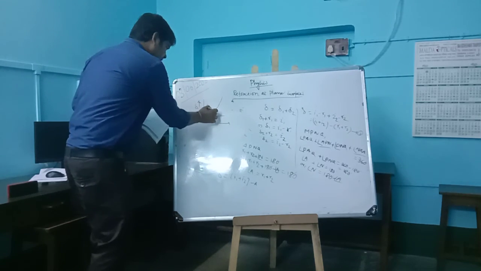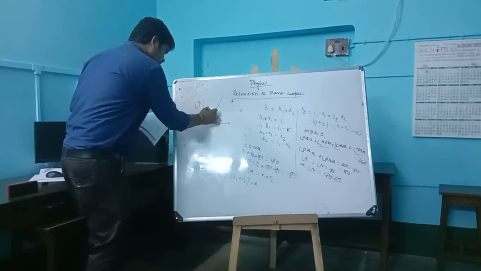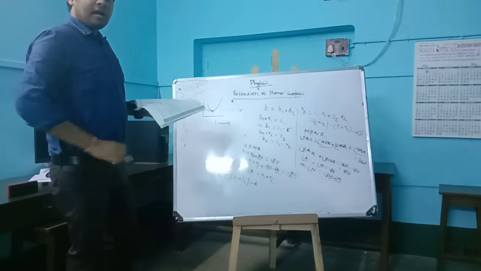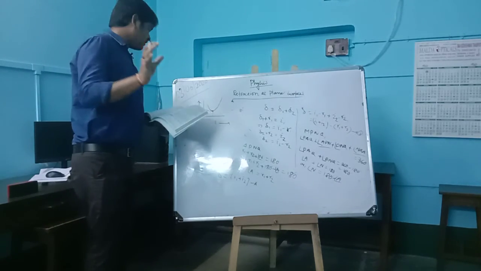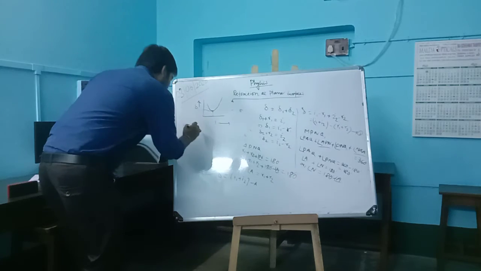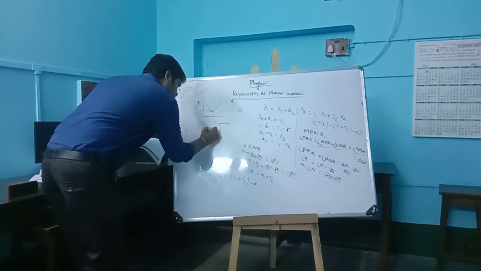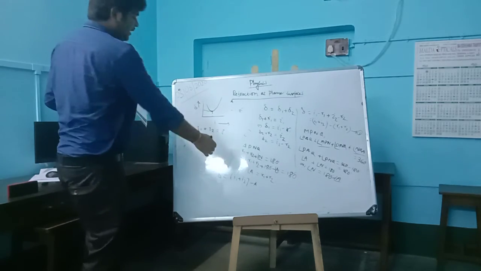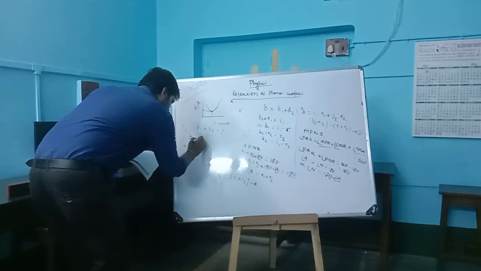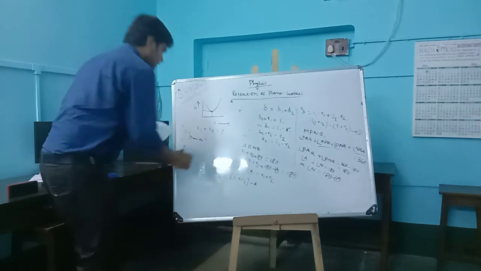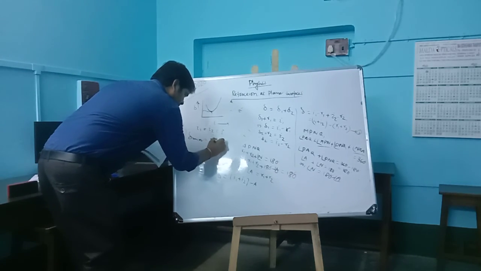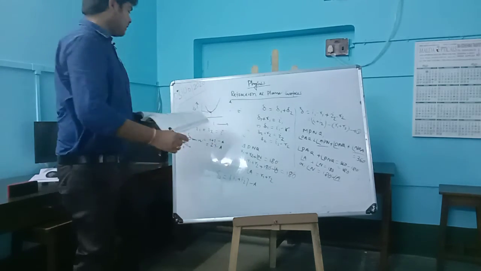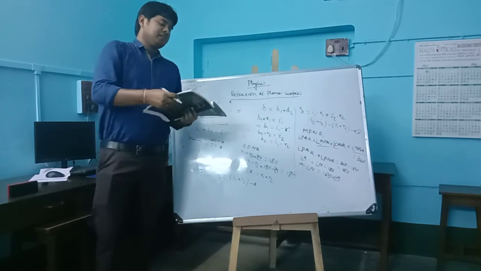For this angle, the angle of deviation is minimum. For minimum deviation, I1 is equal to I2, and I am writing I1 is equal to I2 is equal to I. Put the values here. We get delta minimum, the minimum angle of deviation, as I plus I minus A, so 2I minus A.